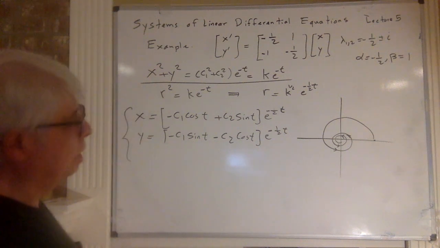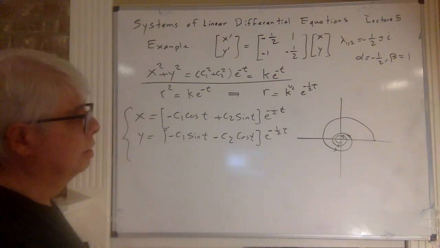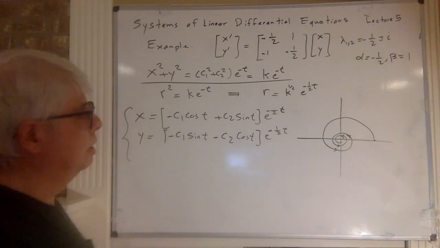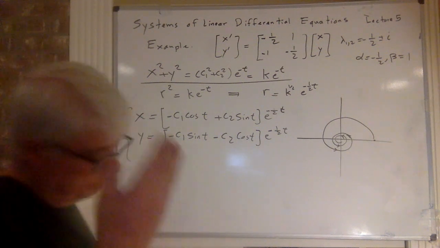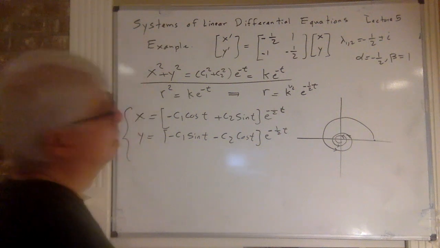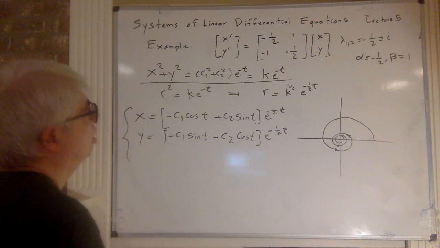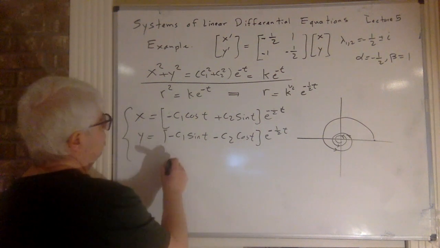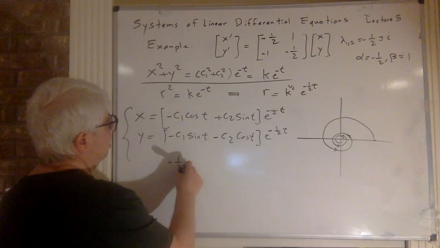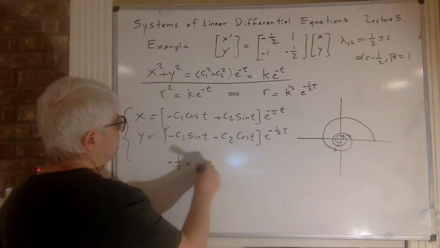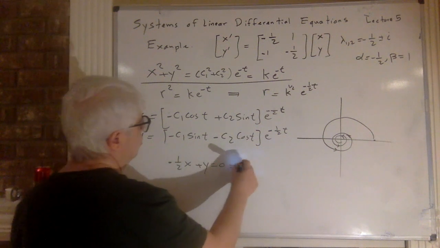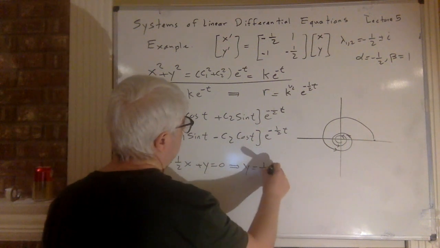But the other one, remember when the tangent lines were parallel to the x-axis or y-axis, they are still there. So if you write minus 1/2 x plus y equals 0, that gives me y equals 1/2 x.